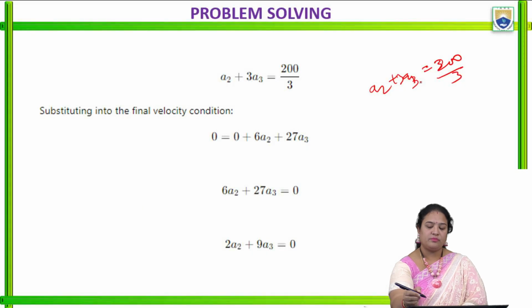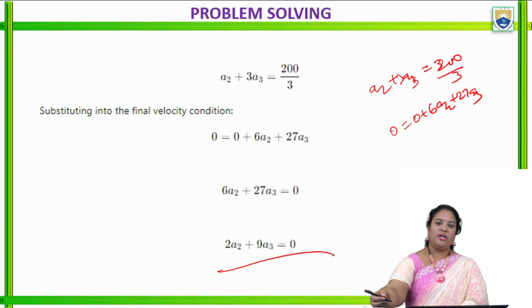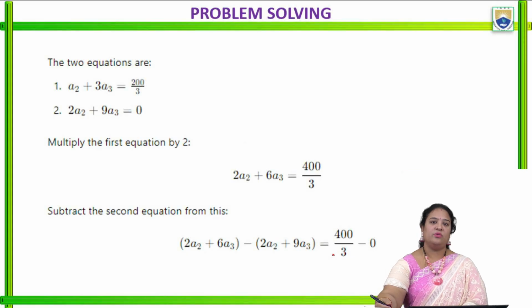So when we are solving this, we have got a2 plus 3a3 is equal to 200 by 3. And 0 is equal to 0 plus 6a2 plus 27a3, which is nothing but 2a2 plus 9a3 is equal to 0. So the two equations are a2 plus 3a3 is equal to 200 by 3 and 2a2 plus 9a3 is equal to 0. Now multiply the first equation with 2.